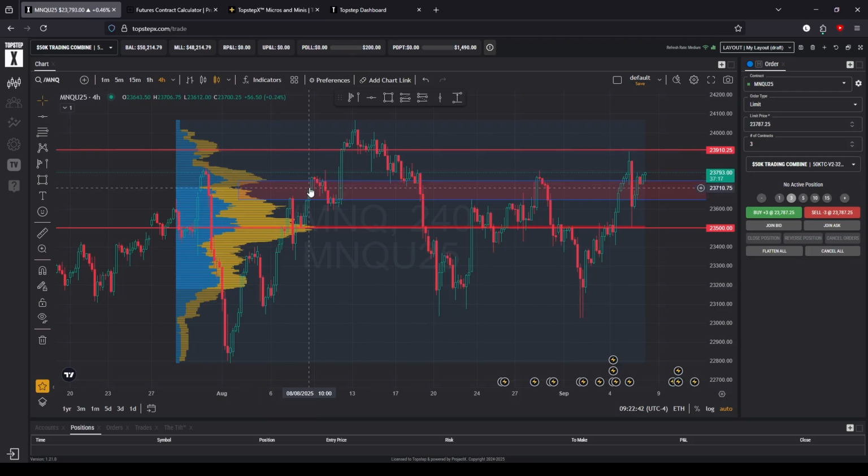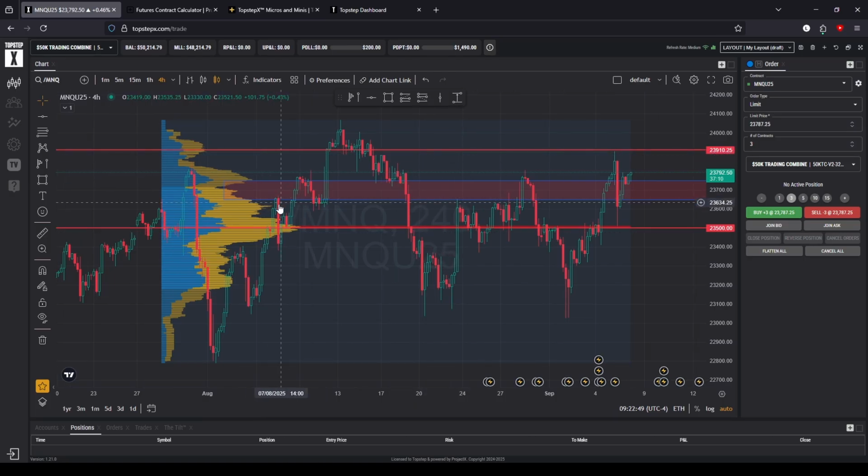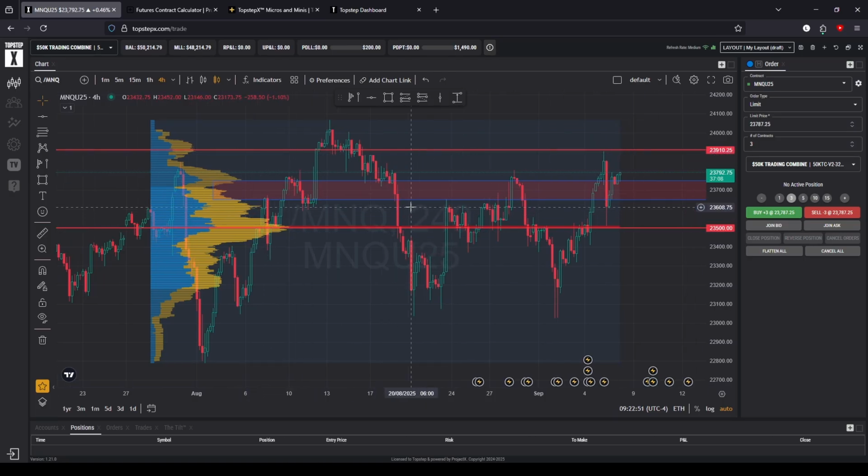So you see here price went up a bit, came down, tested the lower end, and then it went back up. Same here, it came, tested, went back down, and then it broke through here, came back, tested here again, went back down, and then it came up here, went through a bit, and then went back down. And so I just draw a bunch of these.